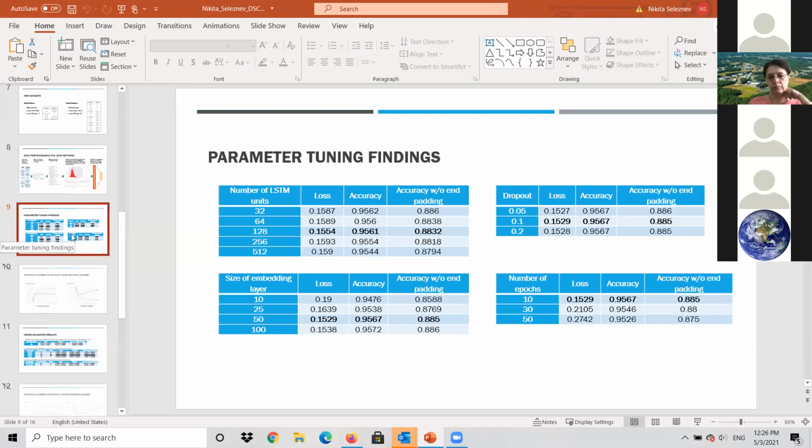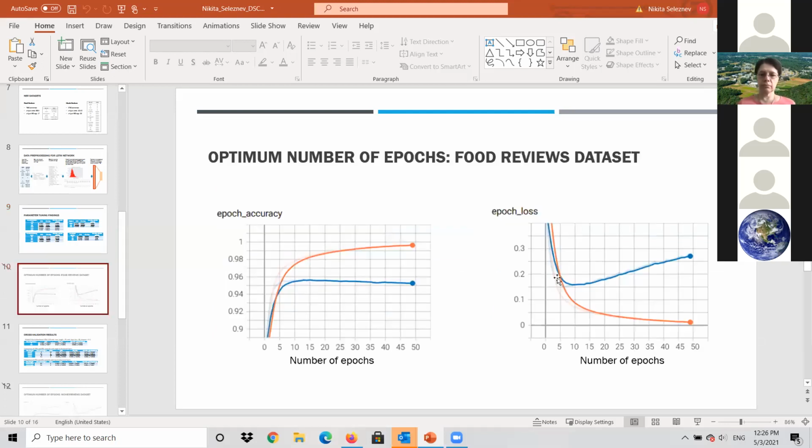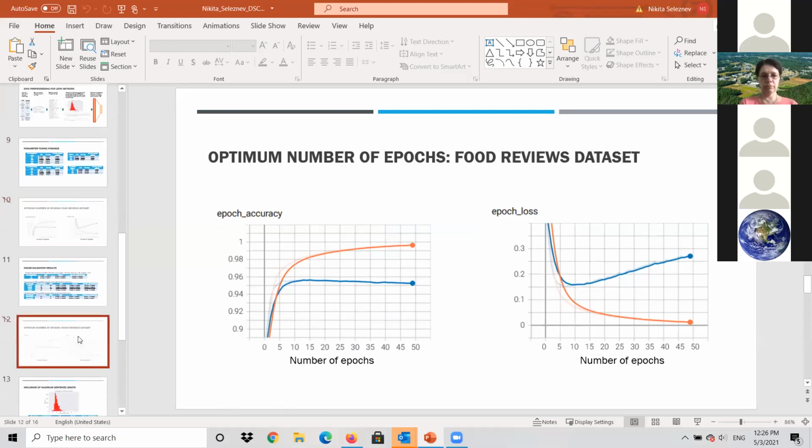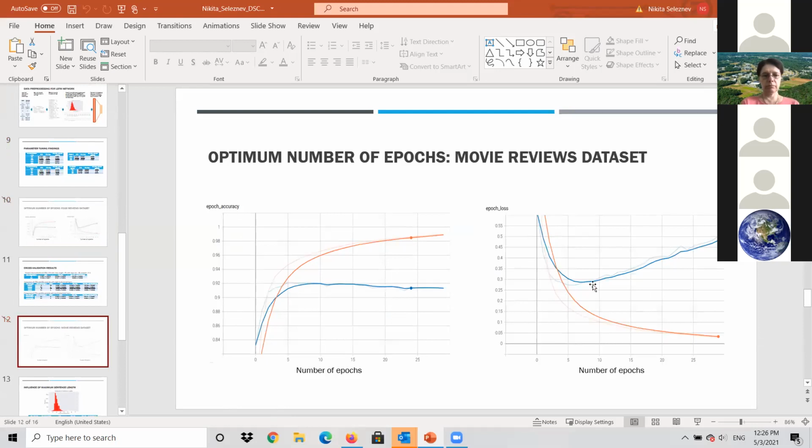So I would say on these two data sets, they generalized well. In fact, we conducted a study of what is, for example, the optimum number of epochs and optimum number of units. And that was the same for both data sets. These are, for example, epoch numbers coming out of TensorFlow, and I have the same picture for another data set. They all had the peak close to 10 epochs.